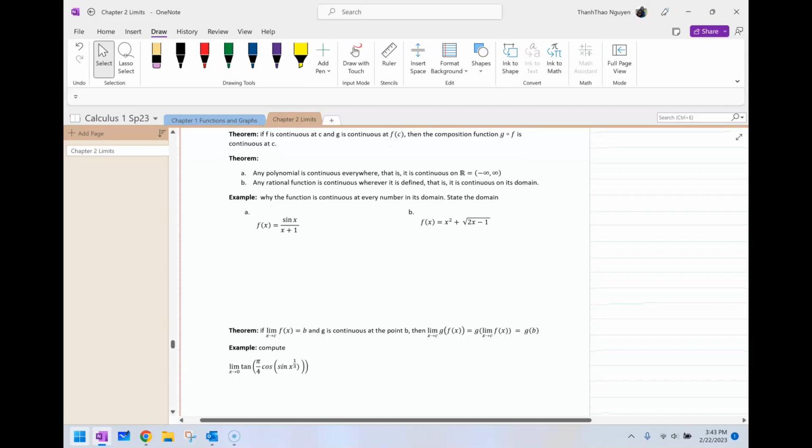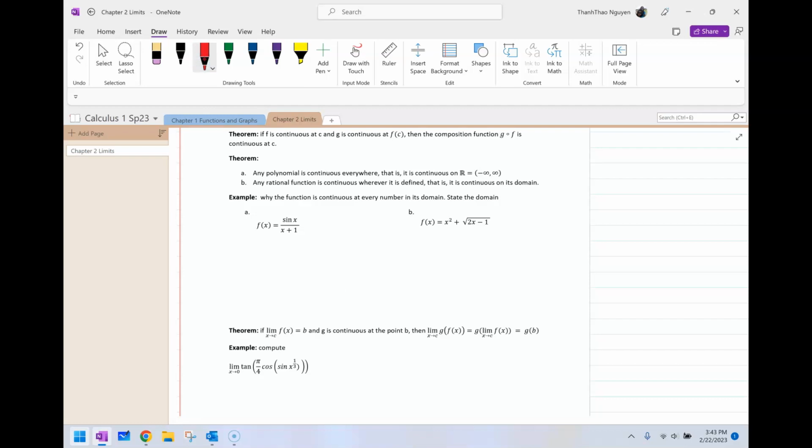So let's take a look. Why is this function continuous at every number in its domain? Well, we know that f of x is equal to sine of x divided by x plus 1. So we let g of x equal sine of x. This is continuous on its domain, from negative infinity to infinity.